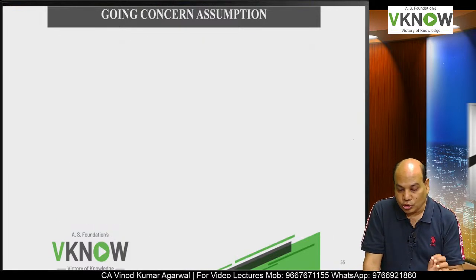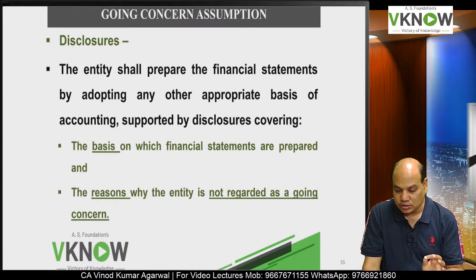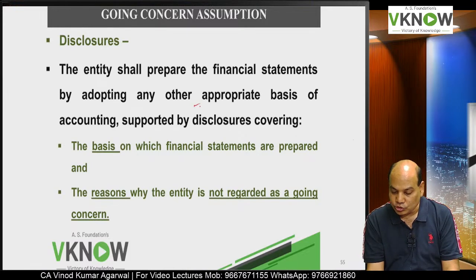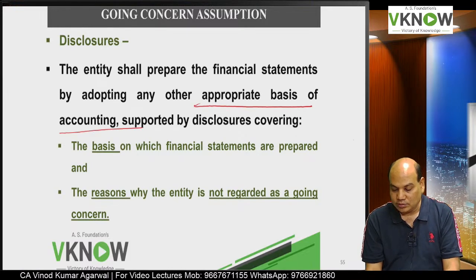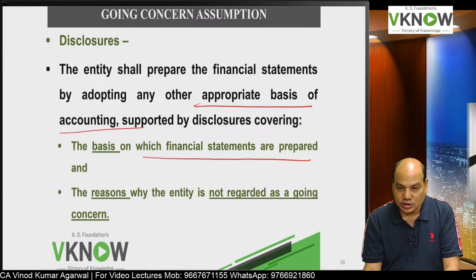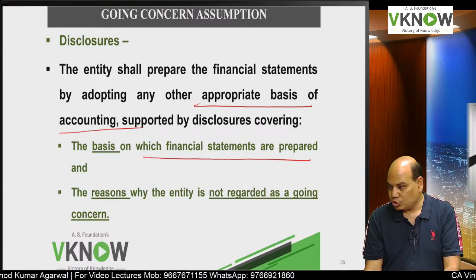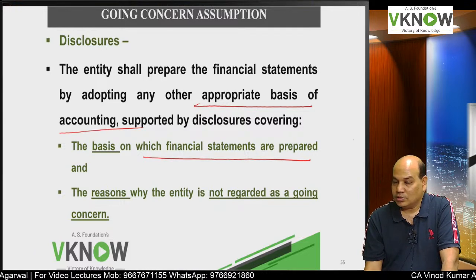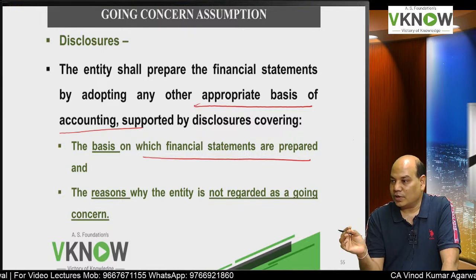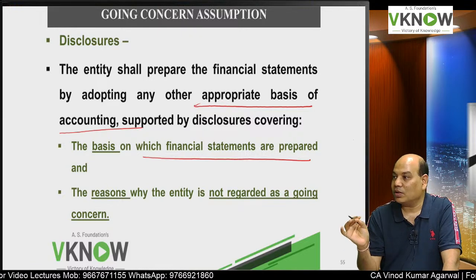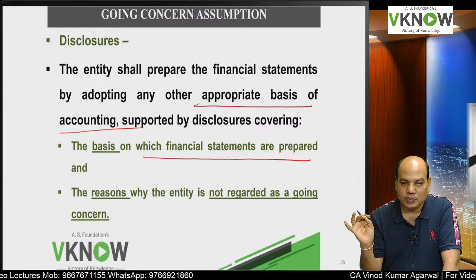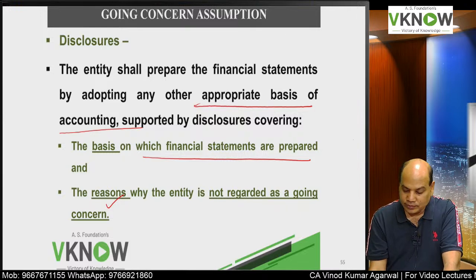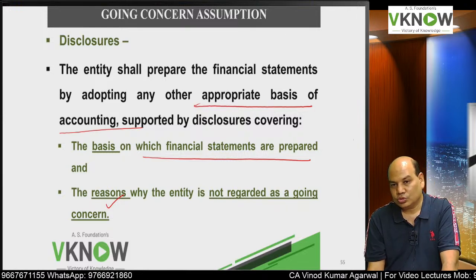So then in that case you will not prepare financial statement on going concern basis, and you have to give disclosures in the financial statement that what is your basis of accounting, what is the basis on which financial statements are prepared. So you will write that our financial statements are prepared by using realizable value of asset and settlement value or payable value of liabilities. It is not prepared using going concern. And also disclose the reason why the entity is not a going concern.